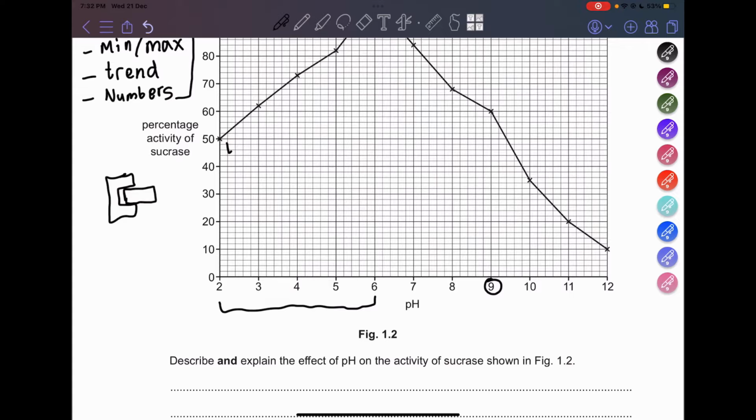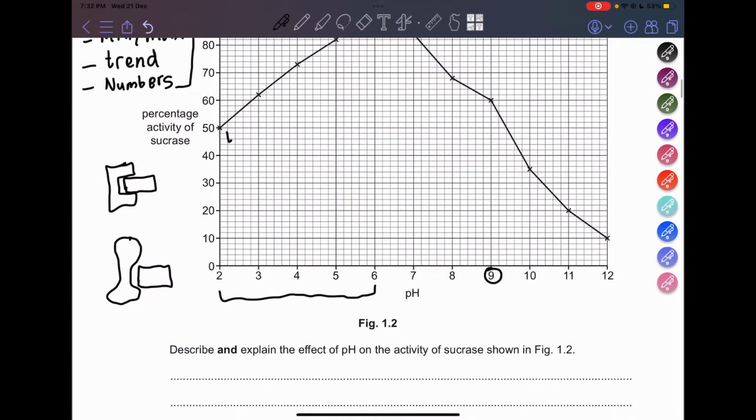But after denaturing, it kind of just melted. So it became something like that, but this is not the same shape, of course. So this same substrate will no longer be able to fit into the enzyme. So the rate of activity, of course, will decrease. So this is why from pH 7 until 12, it is decreasing.